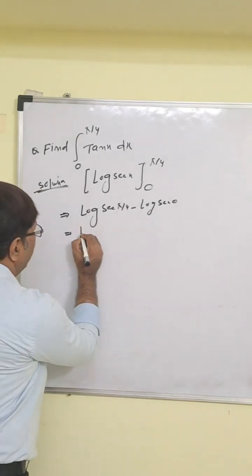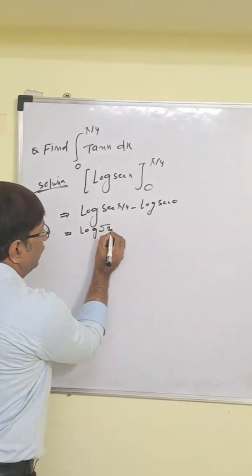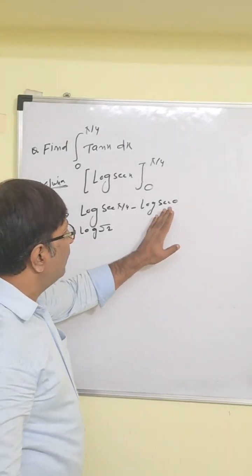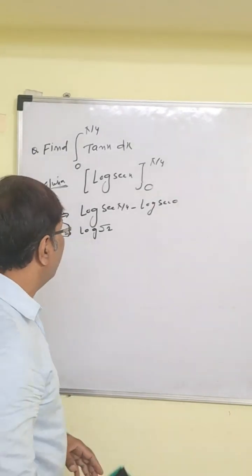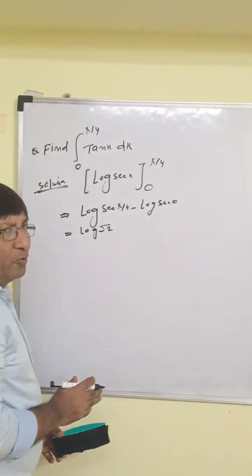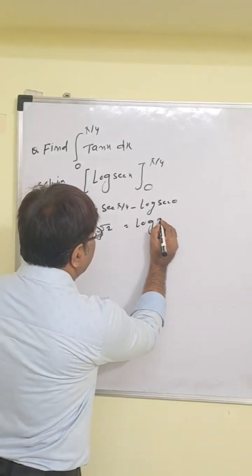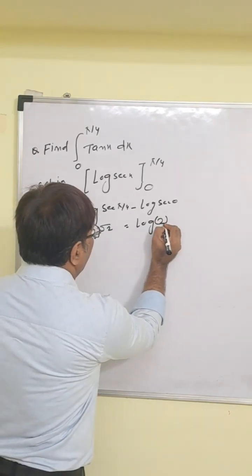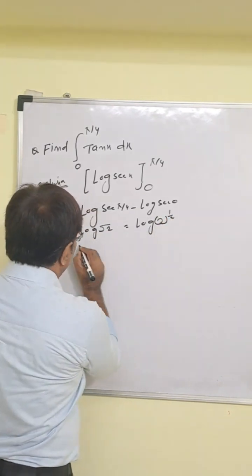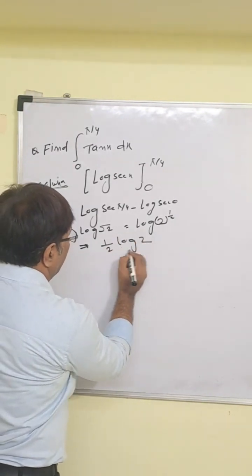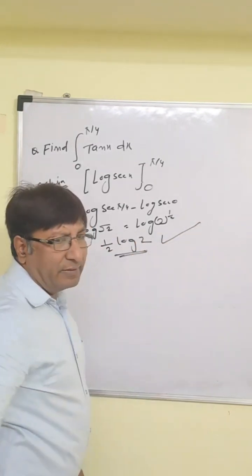So it is log root 2. And this is log sec 0. So sec 0 is 1 and log 1 is what? 0. So we will get simply log root 2. And we can write this as log and this is 2 to the power half. So we can write half log 2. This is our correct answer.